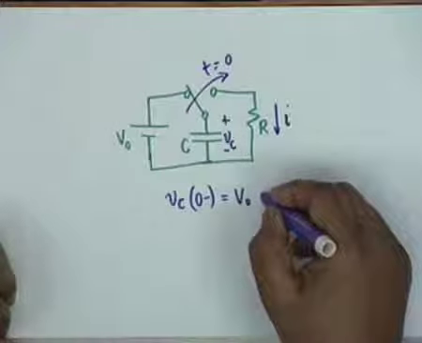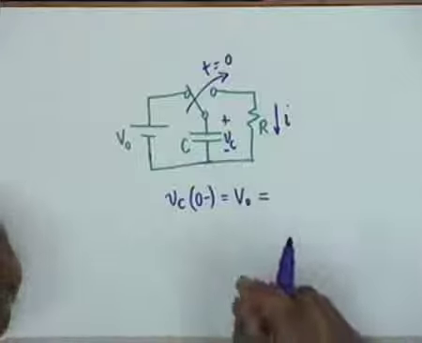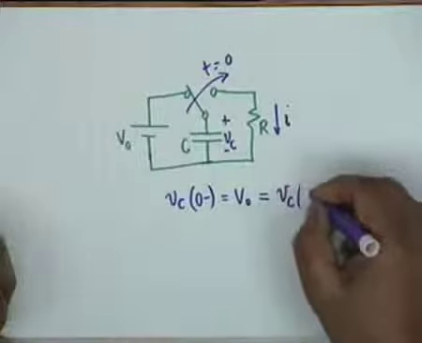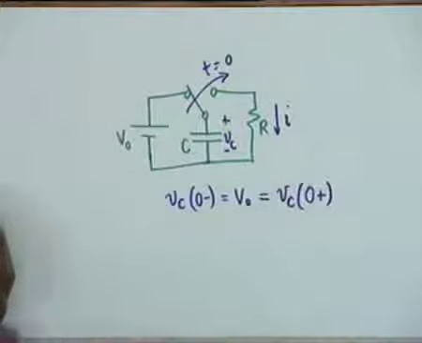And once again, since a capacitor cannot change its energy instantaneously, the voltage across the capacitor at 0 plus shall also be equal to V0.